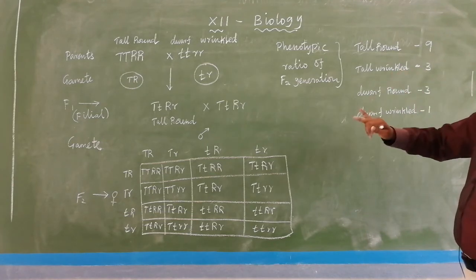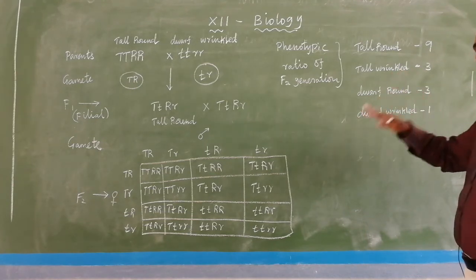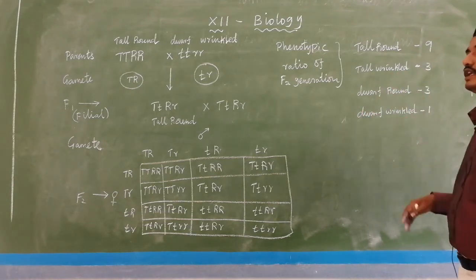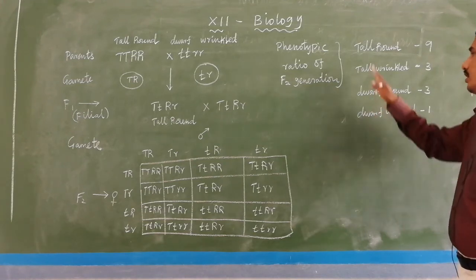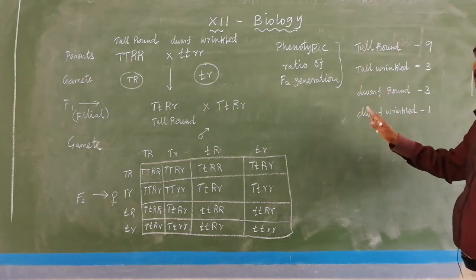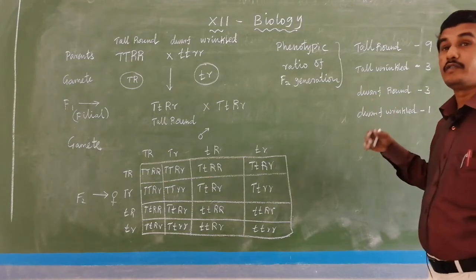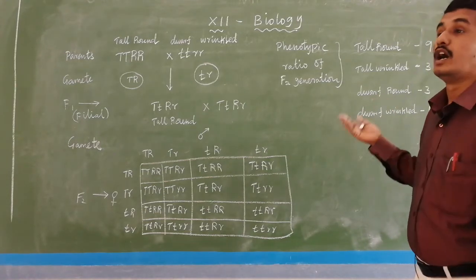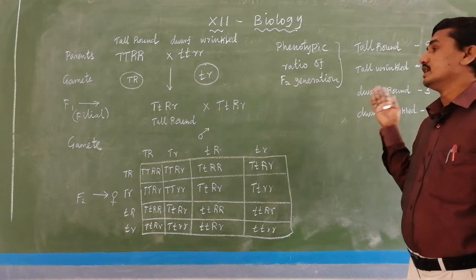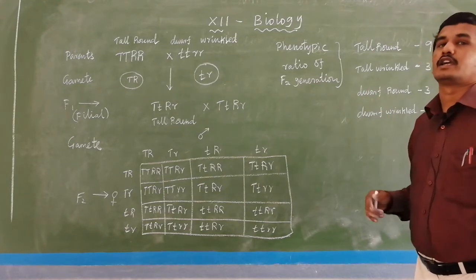wrinkled another variety, dwarf with round one variety, and dwarf with wrinkled another variety. Totally 4 types of characters are expressed, 4 phenotypic characters in the F2 generation of a dihybrid cross.